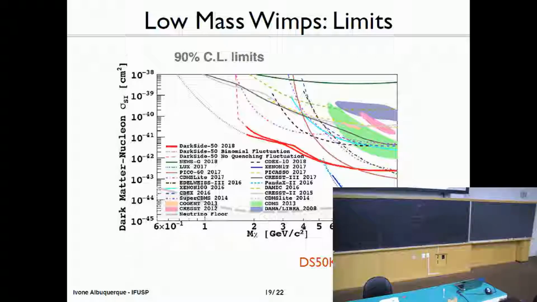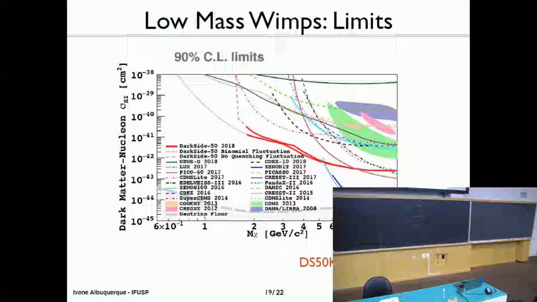This part here has an uncertainty because, as we've seen, the ionization signal at the lower side has some uncertainties, and we take 2 extreme approaches here. One, we take a binomial analysis of the fluctuations, and the other we say that there are no fluctuations in the ionization yield.